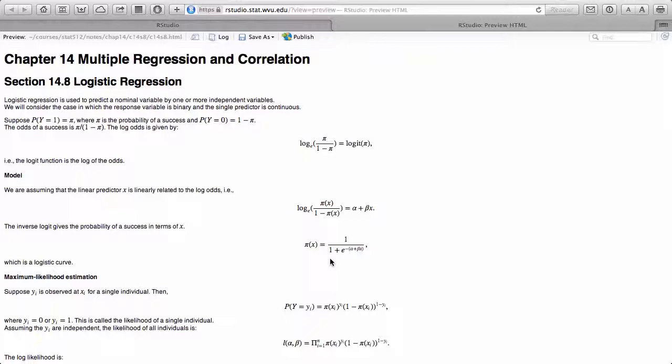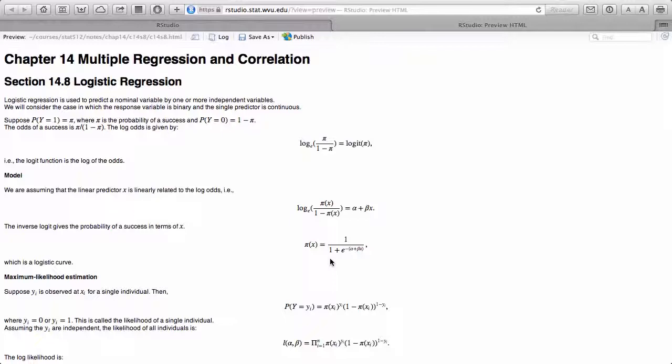There are other S-shaped curves, what's called the complementary log, which is used in survival analysis. Again, these three forms, the Probit, the logit, and the complementary log, they have to do with the rate of increase. They're slightly different for these three models.